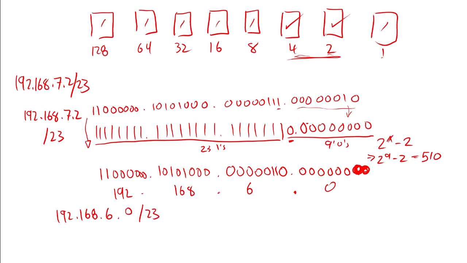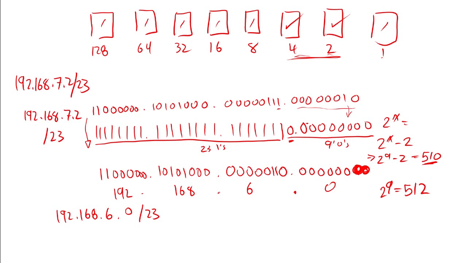From our formula, we know that it's 510 usable addresses, but we know 2 to the 9 is 512. So 2 to the x tells you how big your network is, and 2 to the x minus 2 tells you the size of the usable IPs.